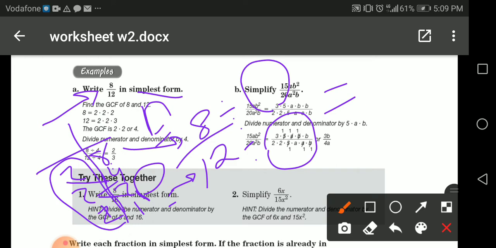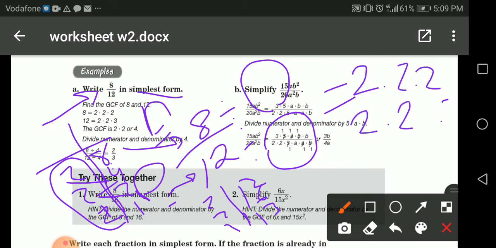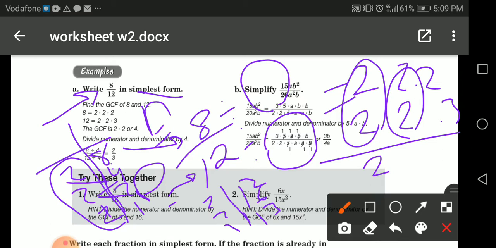And what about the 12? 12 divided by 2 is 6, divided by 2 is 3, divided by 3 is 1. So 2, 2, and 3. How can I get the greatest common factor? Only the repeated ones. 2 multiplied by 2, and the others are not repeated, so the greatest common factor is 4.